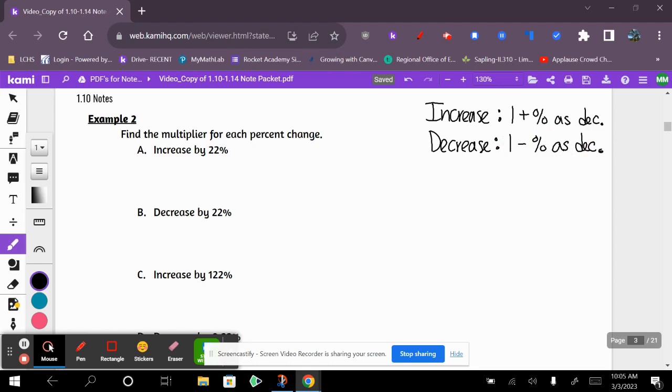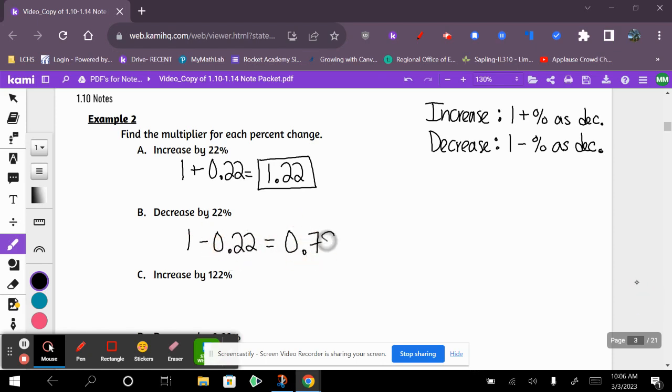So for A, it's an increase by 22%. So this will be 1 plus, and if you take 22 divided by 100, you get 0.22. So we get 1.22. To decrease by 22%, we're going to do the same thing, except it's going to be subtracting now. So it's 1 minus 0.22. So we get 0.78.